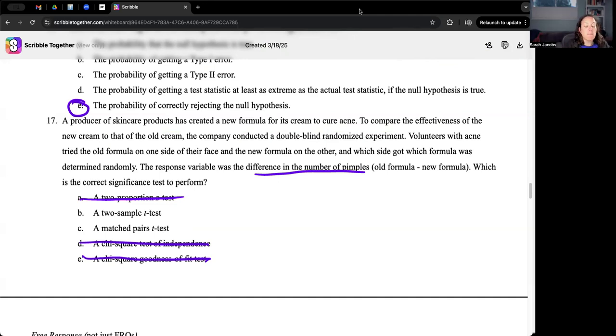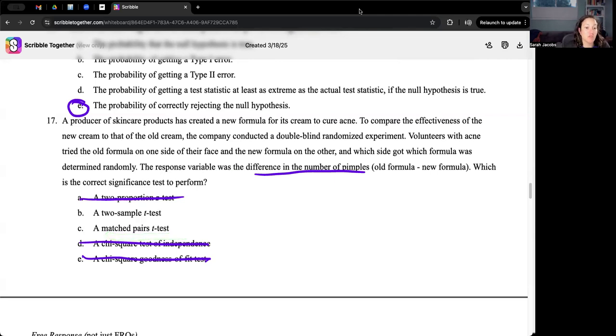This is a matched pairs test because we have this very tiny block of one person, two halves of their face. So we're matching a person to themselves and then finding the difference. So this is a matched pairs t-test for a difference in means, or excuse me, a mean difference.